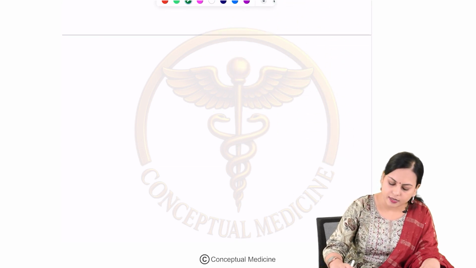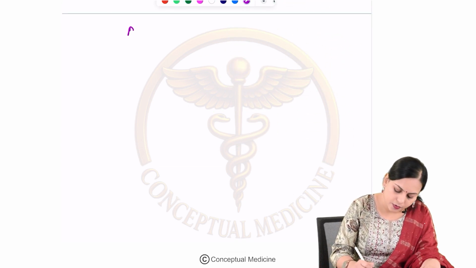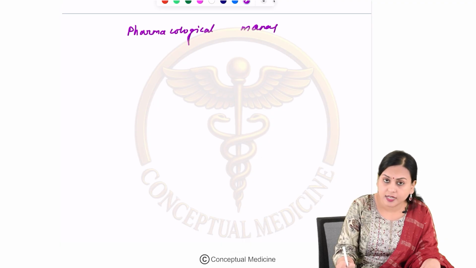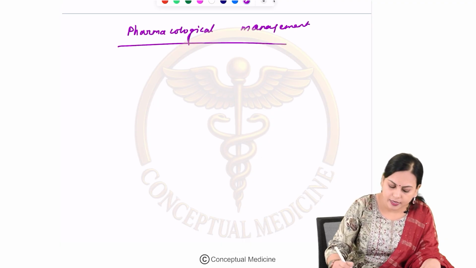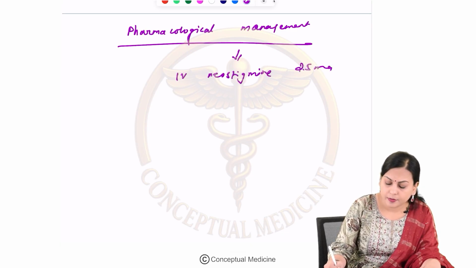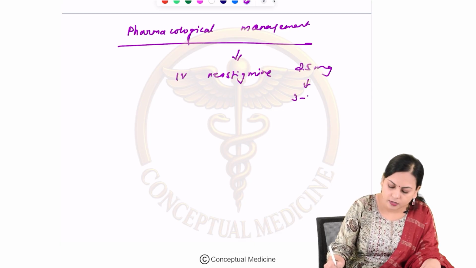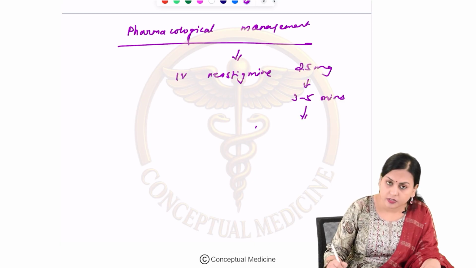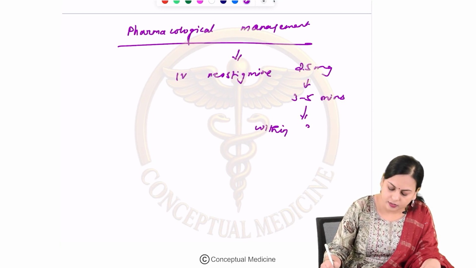Okay, and pharmacological management of this condition can be made by giving IV neostigmine at a dose of 2.5 milligram over 3 to 5 minutes. Okay, and this should be given ideally within 30 minutes.